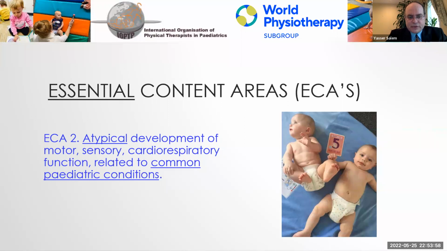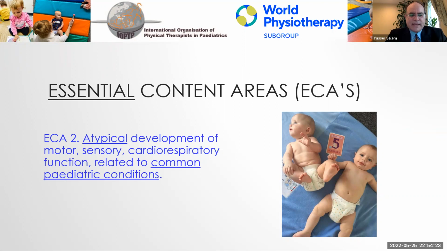So physical therapists should know what's atypical development and the common presentations seen in a child with cerebral palsy, how this is different from a child with spina bifida, how this is different from a child with spinal muscular atrophy. Why is it important? This can help to confirm diagnosis. You got a referral for a child with spinal muscular atrophy, per se.